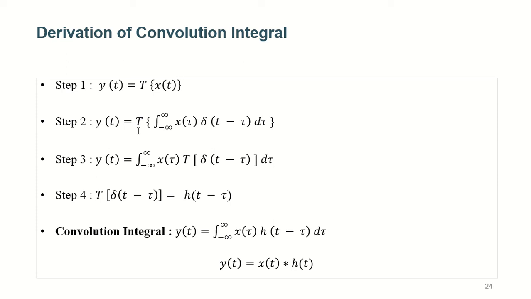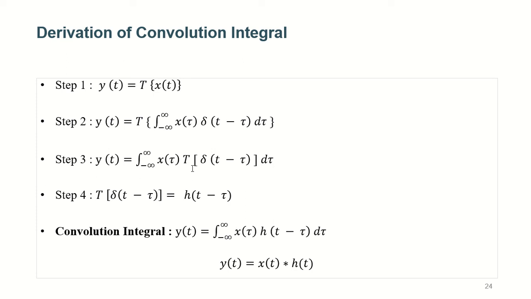So as the system is a linear system, can't we write it this way, right? What did we do? Nothing. We just took this T inside and kept it beside my impulse function. Okay, so we did just that. Then in the next step, what did we do? The unit impulse is applied as an input to my system.